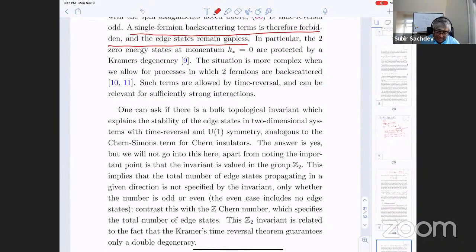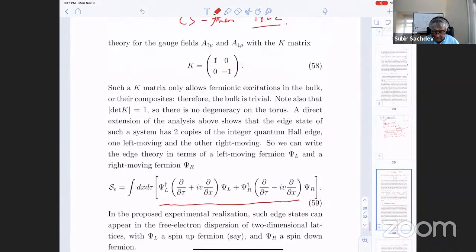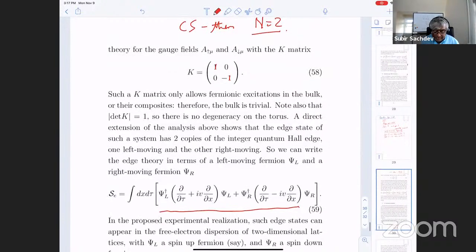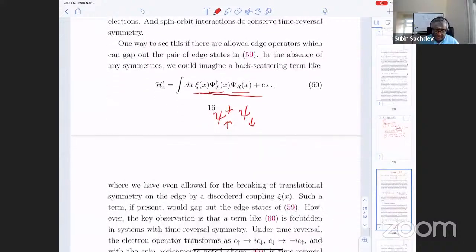And it should not be confused with the Z2 spin liquid, which are very different animals. The Z2 spin liquid doesn't have this K matrix, doesn't have these protected edge states. It has a K matrix which is off diagonal, which is 0, 2, 2, 0. This is 1, 0, 0, minus 1, at least the quantum spin Hall version of it.